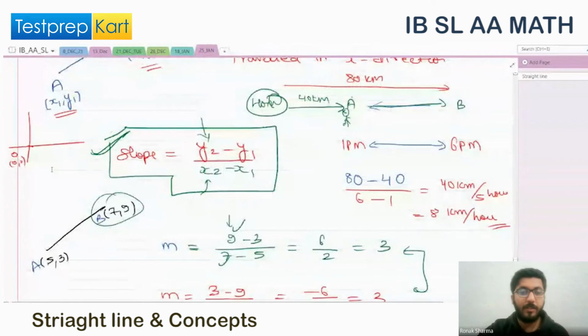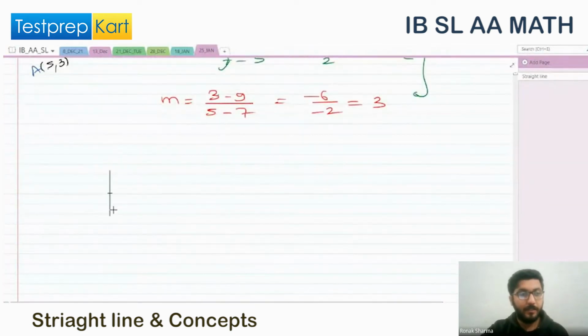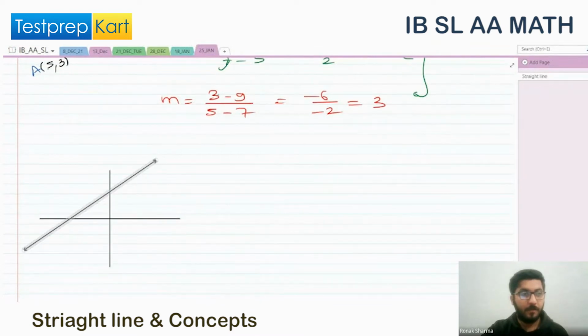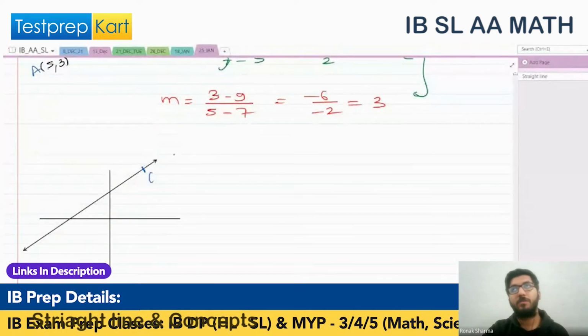So we have understood the concept of the slope. Now, if I ask you a very basic question, let's say this point is 2x plus 3, let's say 2x.